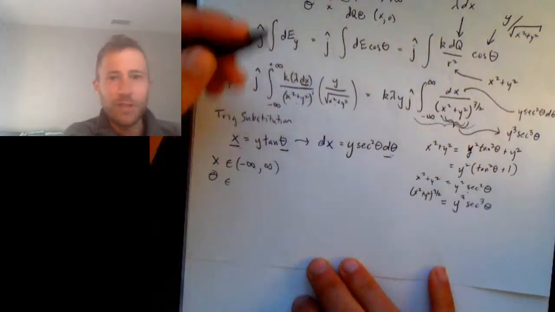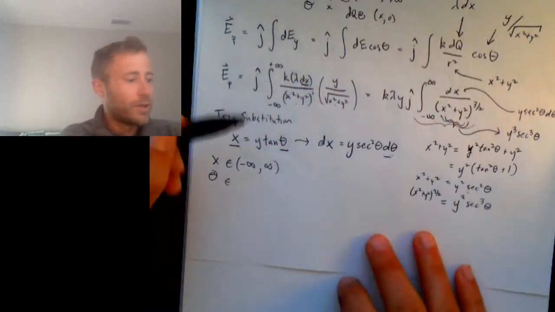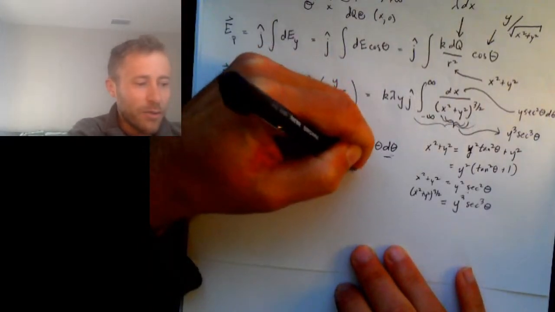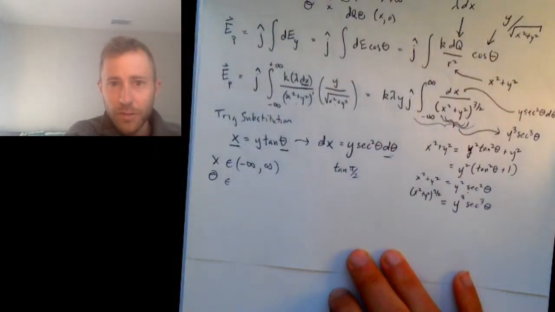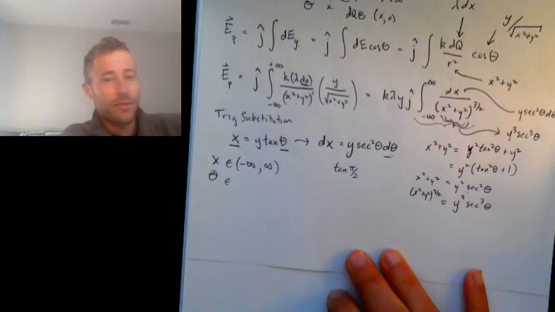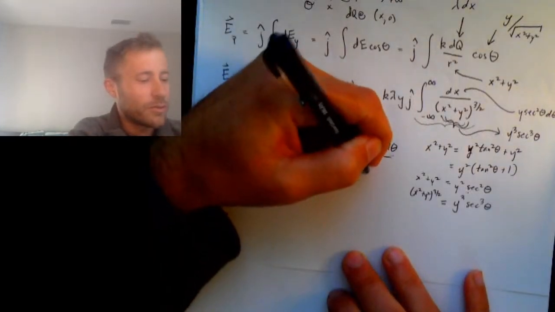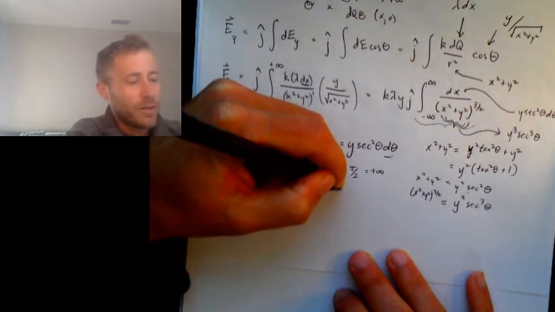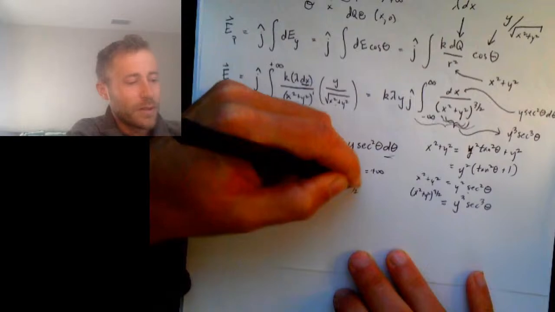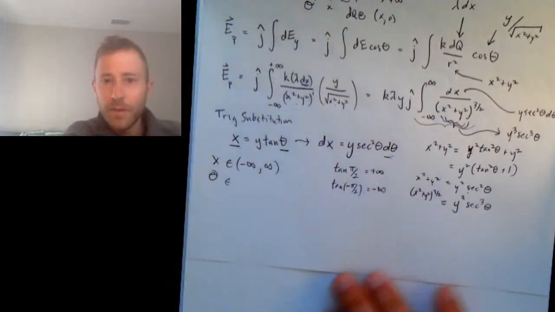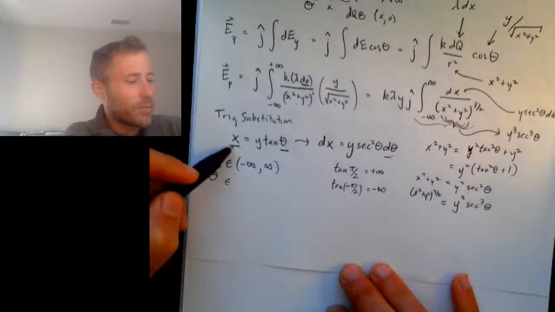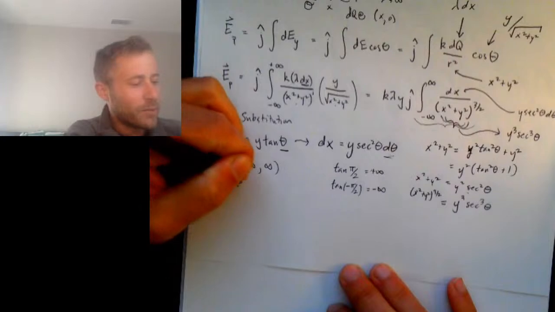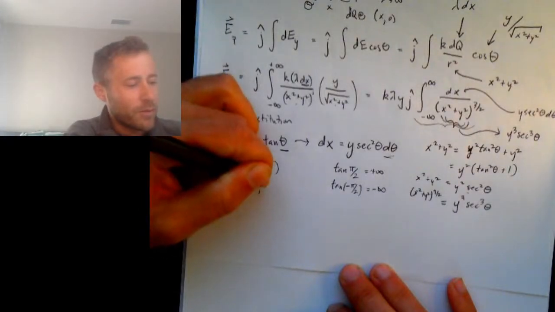And you know that the graph of tangent has these vertical asymptotes. So I know that tangent of pi over 2 has a vertical asymptote and it goes to plus infinity. And tangent of negative pi over 2 is minus infinity. So if x goes from plus infinity to minus infinity, theta is going to go from minus pi over 2 to plus pi over 2.